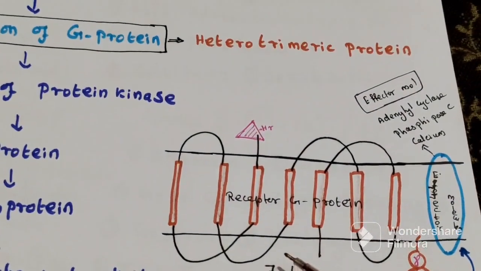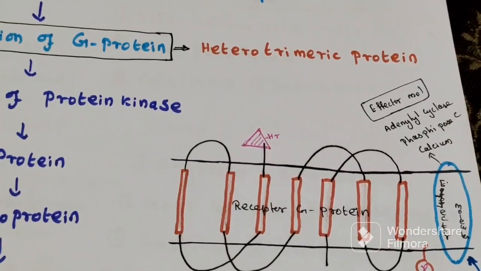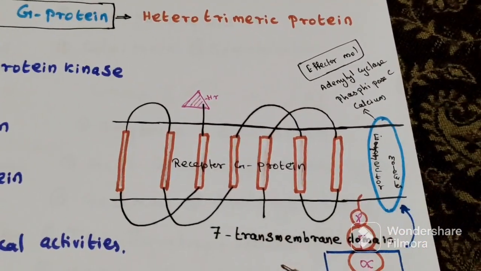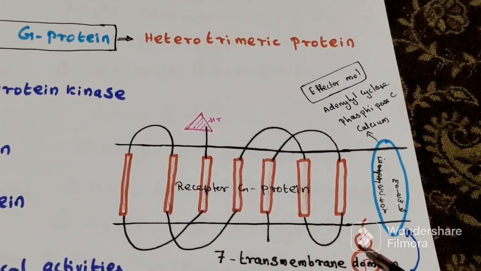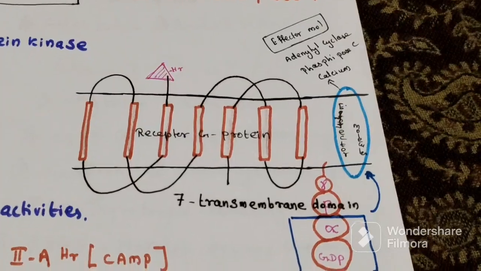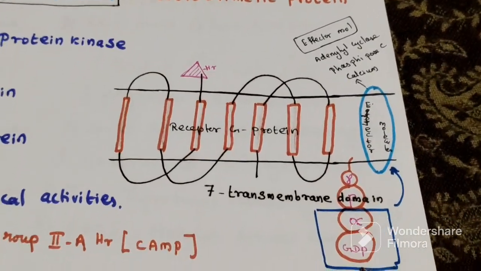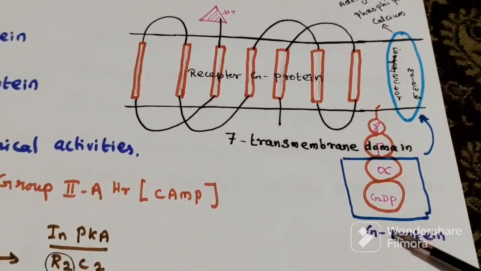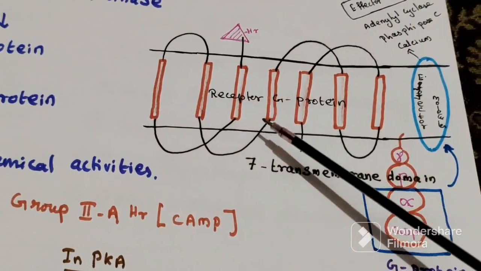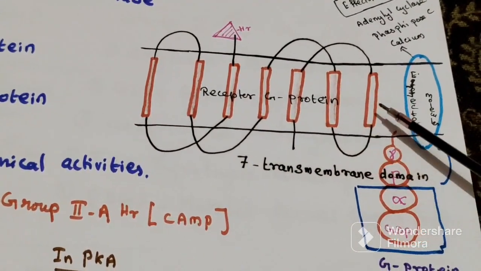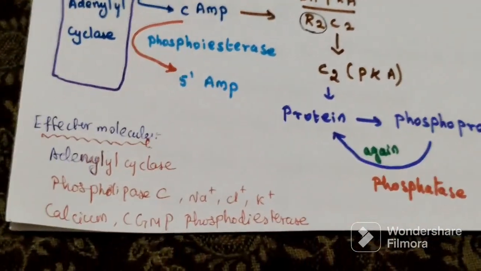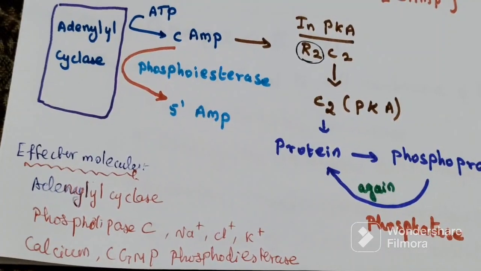This one is a 7 transmembrane domain attached with gamma subunit, beta subunit, alpha subunit and GDP. This is the G protein. Then this one is the receptor, and this one is the G protein. These are effector molecules. These are the things considered as effector molecules.